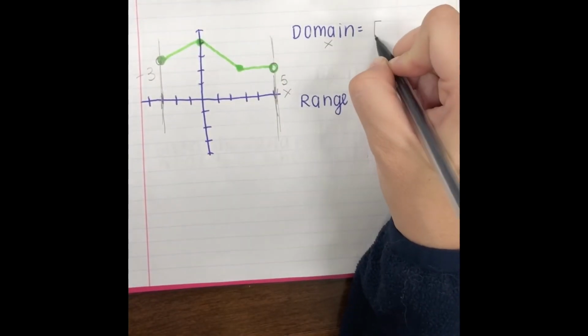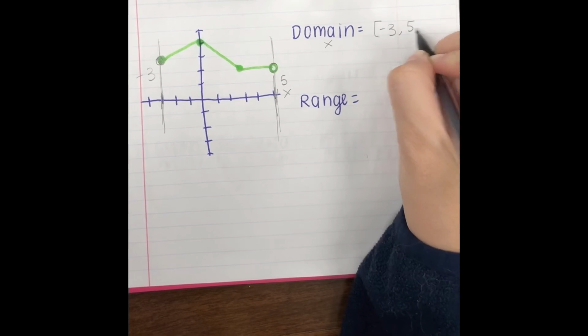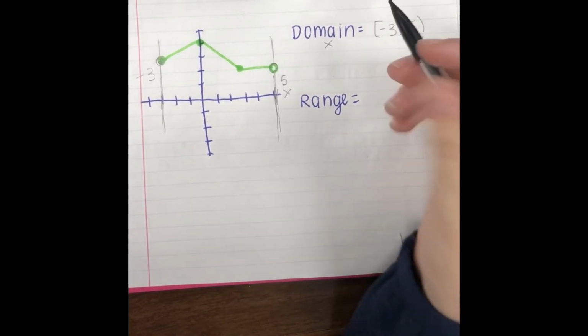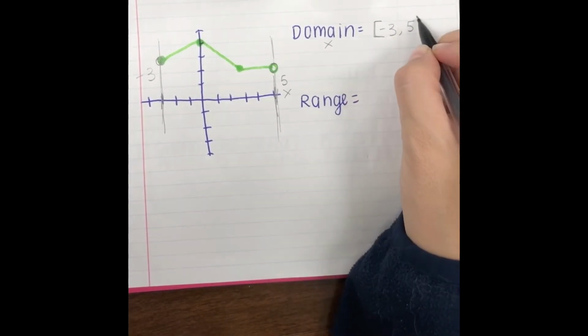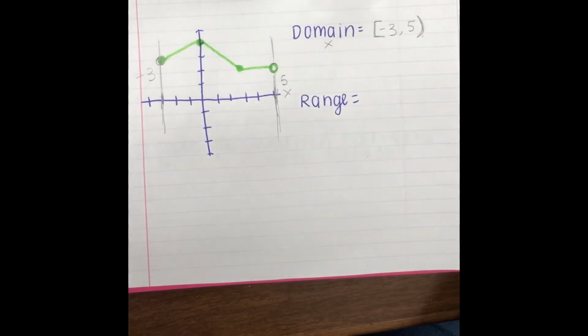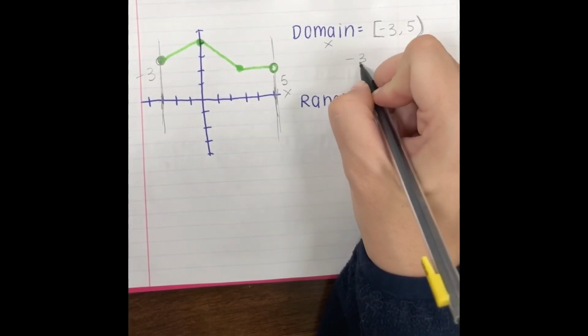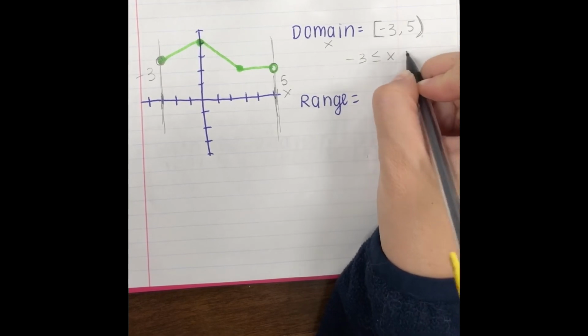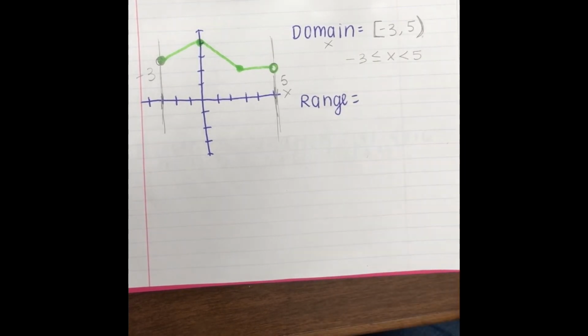So -3 to 5. -3 gets a bracket, and 5 gets a parentheses. Or we could say -3 is less than or equal to x, which is less than 5.